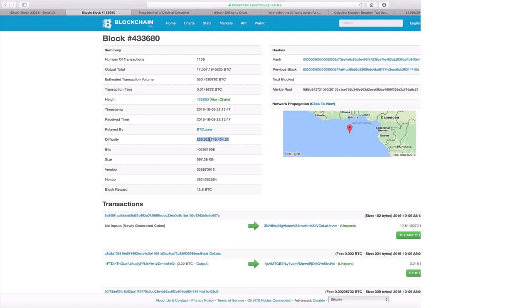It's just a ratio. It's comparing the difficulty of this block against a reference point, which was the Genesis block, and that's because this shows you how many more hashes per second are available on the network now as compared to when the system first got up and running back in 2009.